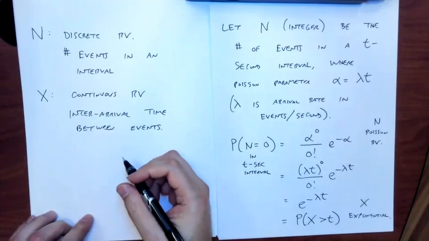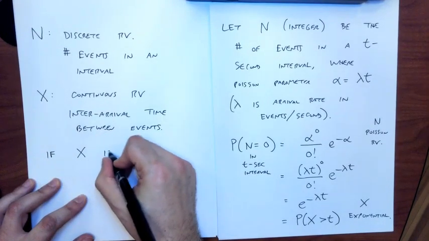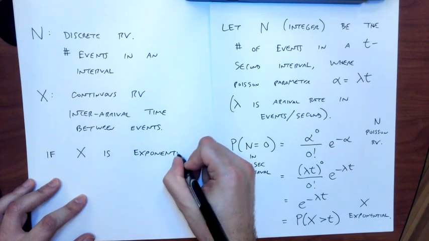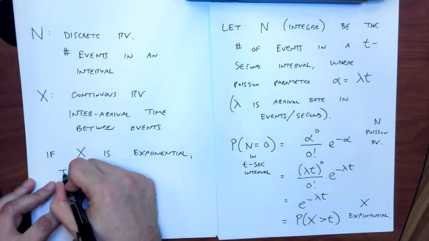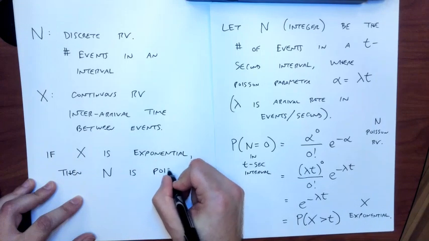And the upshot is that if x is an exponential random variable, if those inter-arrival times are modeled by an exponential, then n is a Poisson random variable.